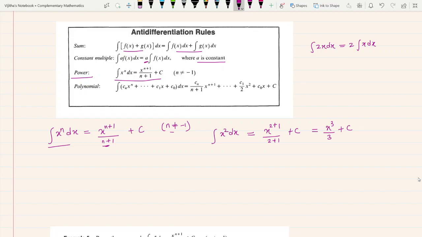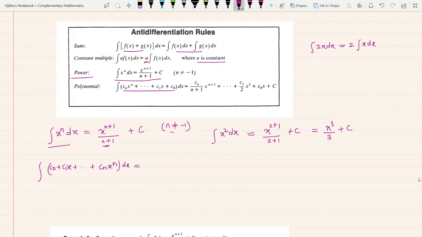Okay. Now for a polynomial, you can see that the polynomial is of this form: c0 plus c1x plus etc. plus cn x raised to n, dx. This is a polynomial.